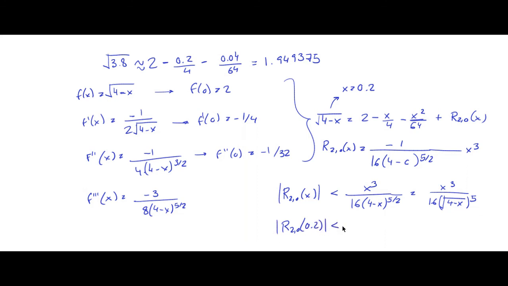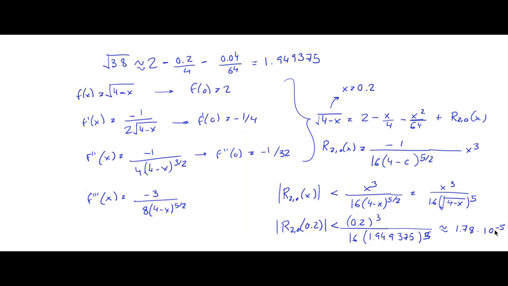0.2 cubed divided by 16, and then here you see that this is the same approximation here. So we have 1.949375 to the 5. If you compute this, this is approximately equal to 1.78 times 10 to the minus 5.